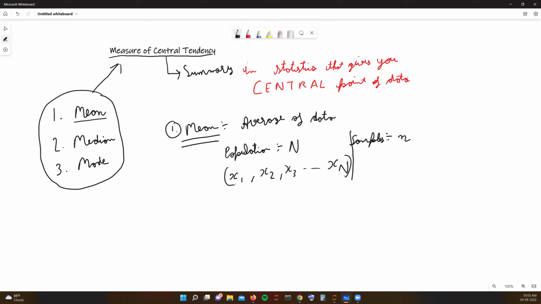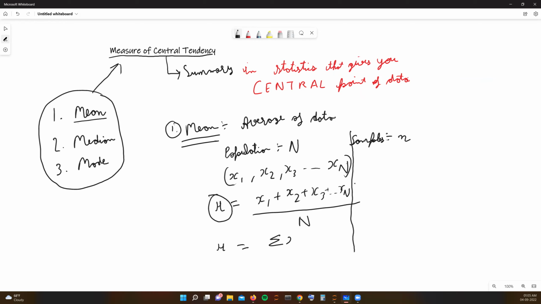The formula for the mean, denoted by mu, will be x1 plus x2 plus x3 and so on till xN, divided by N. So this is the population mean, denoted by mu: the summation of xi, i from 1 to N, divided by N, your simple average formula.